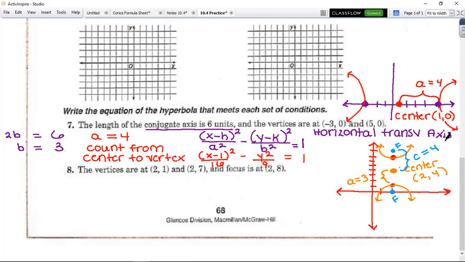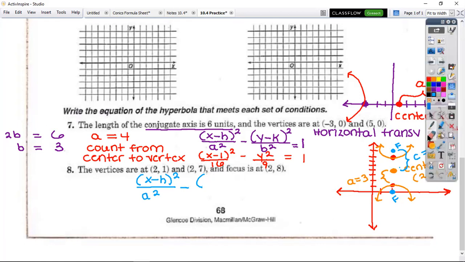All right, so now all we do is plug all this stuff in. So my equation is going to be instead... how did we start? Same thing. So you're going to go (x minus h) squared over a squared, and then minus... no, it flipped, didn't it? Gotta flip my order, sorry.